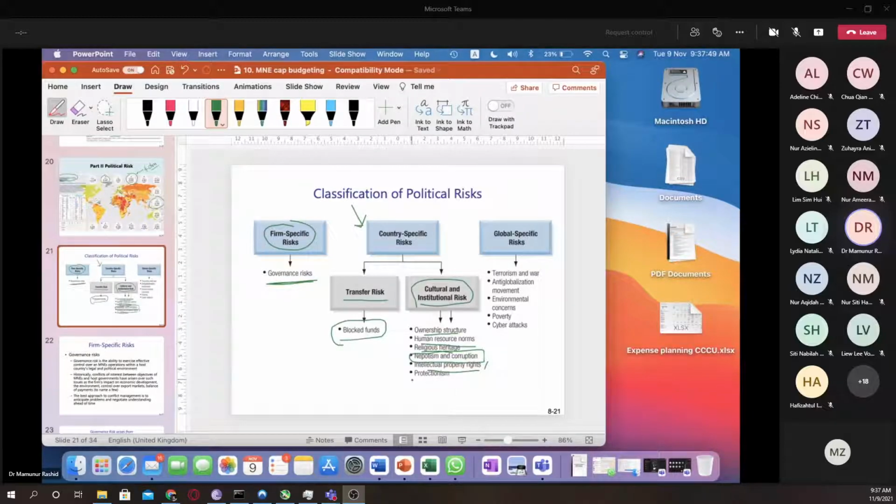Protectionism. Some companies prefer local products over foreign products, so they want to protect their industries. Therefore, this kind of protectionism is against globalization. When foreign companies go to a foreign country and see a high level of protectionism, they don't want to go to those countries. One of those countries is India.